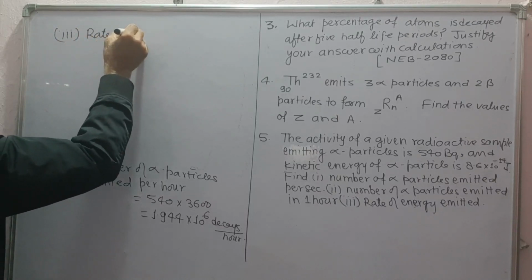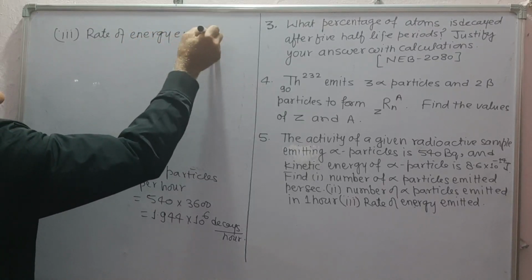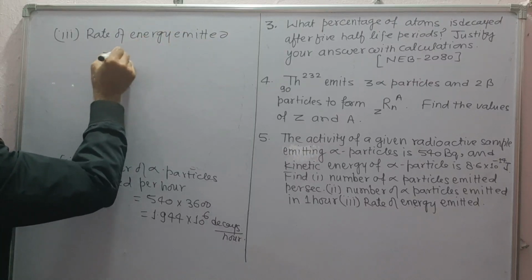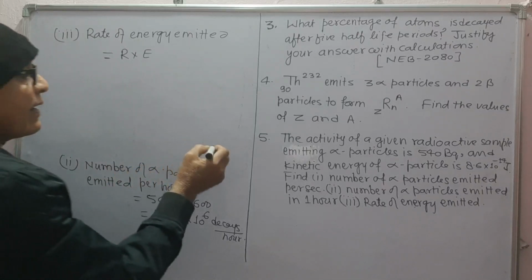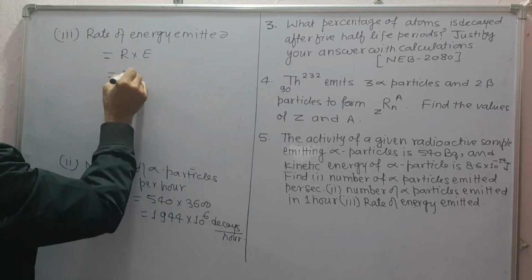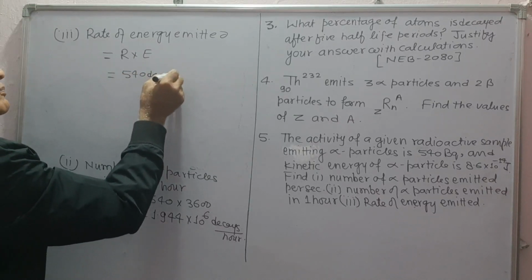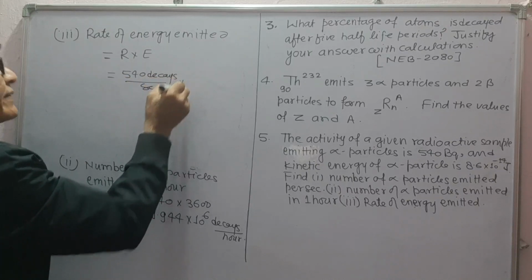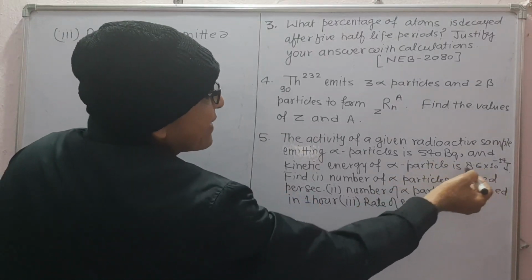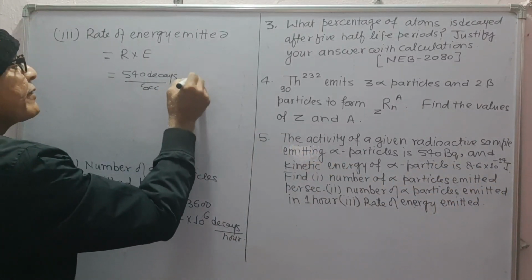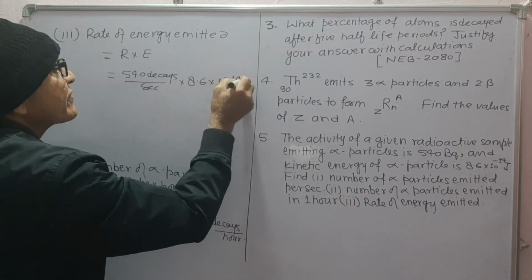Third part, rate of energy emitted will be equal to rate of decay into E. Rate of decay is 540 decays per second, and E is the energy associated with each alpha particle decayed, that is 8.6 into 10 to power minus 14 joules.